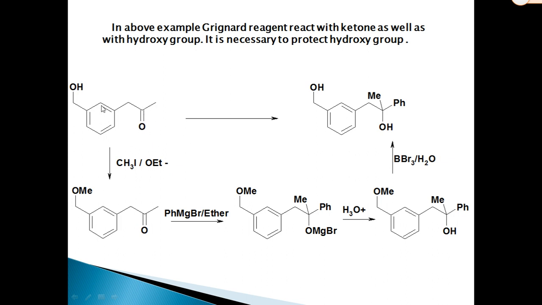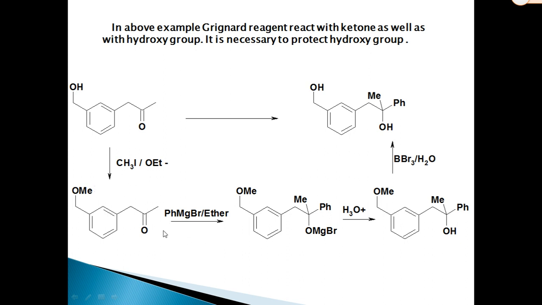So here there is a necessity to block this hydroxy group in presence of methyl iodide. The reactivity of hydroxy group gets blocked to form methoxy group. Here we protected the hydroxy group. This is the first step, protection of hydroxy group in presence of base.